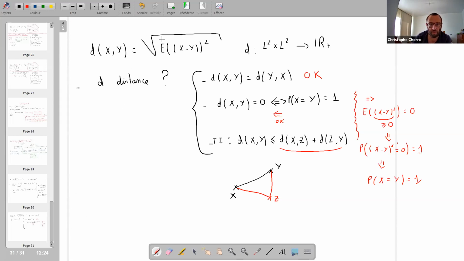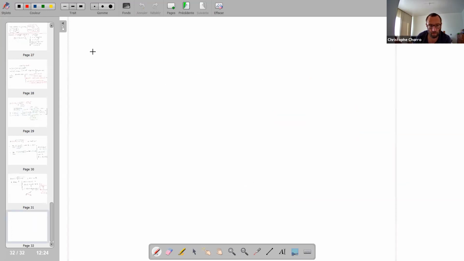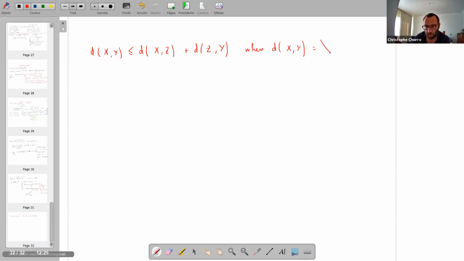So I continue here. I want to prove that d of x, y is less than d of x, z plus d of z, y, where d of x, y is defined as the square root of the expectation of the difference of the square.